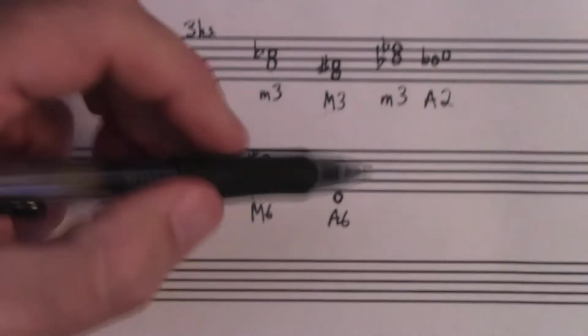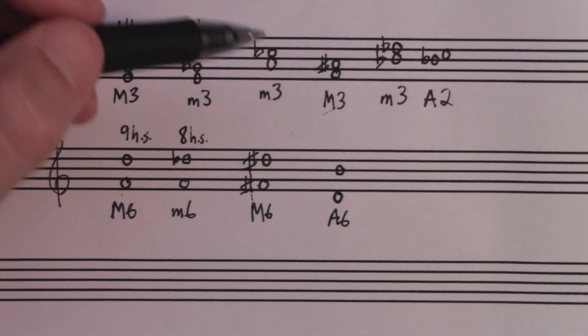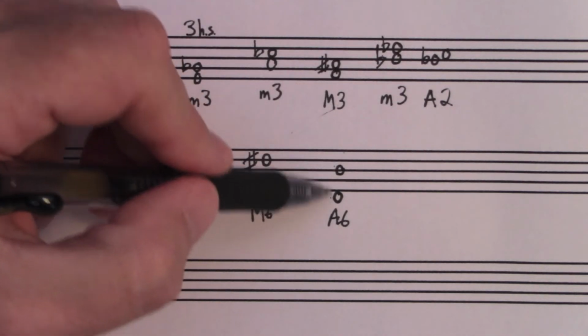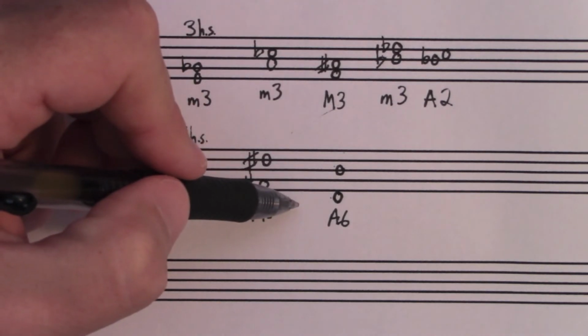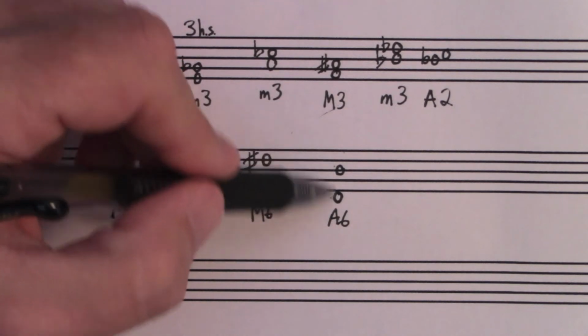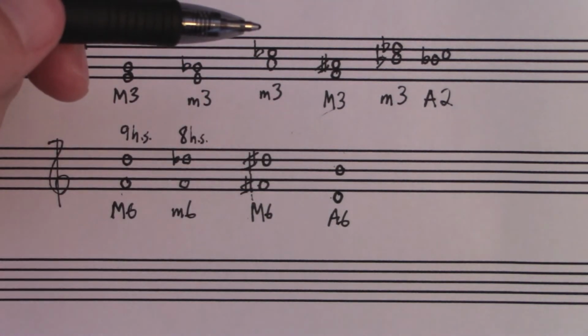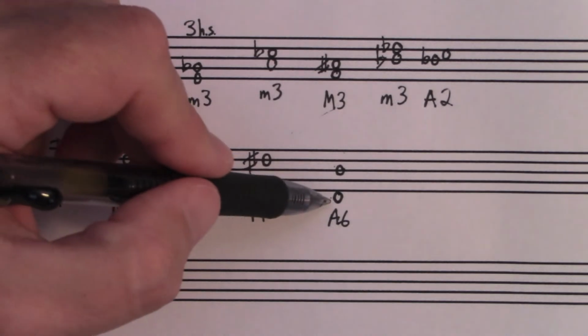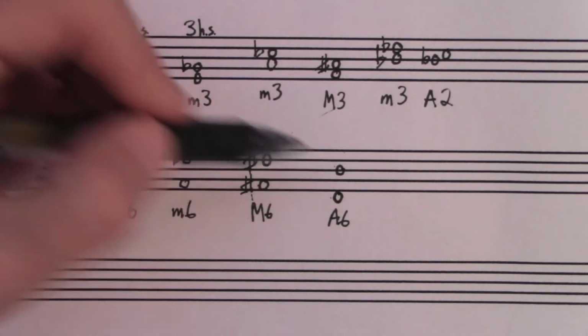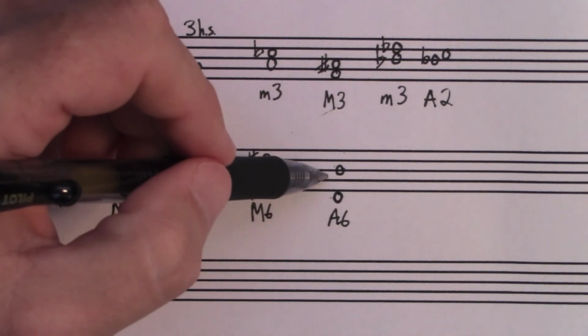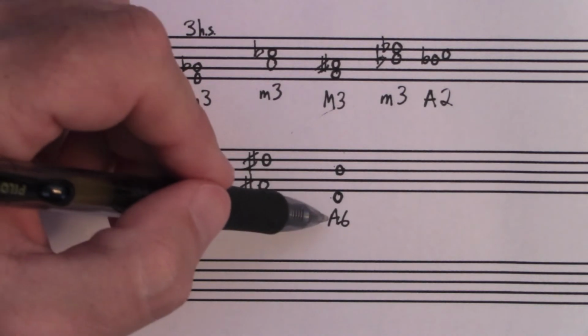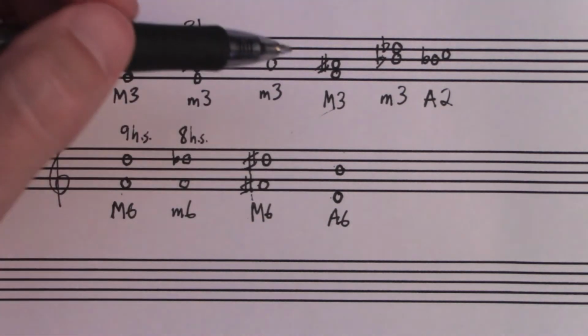Okay, augmented sixth. Well, here's our sixth from D up to B. What kind of sixth do we have right there? Right, that's a major sixth. That has 9 half steps. So to make it augmented, we need to make it one bigger.